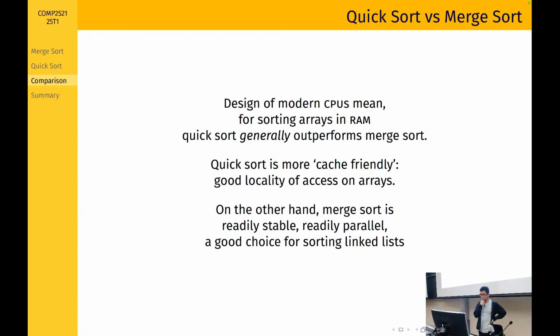Okay, so for why it's a good choice for linked lists, I'll have to get back to you on that one. But I think it is pretty easy to implement merge sort on linked lists because if you have two sorted linked lists, it's really easy to merge them. But I'll get back to you on the actual reason.